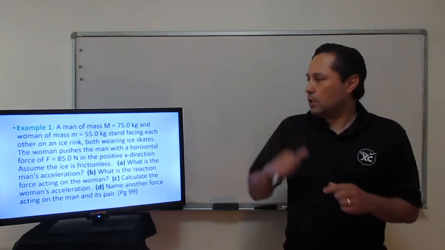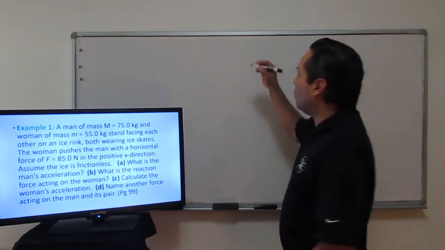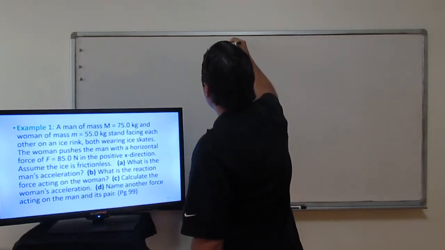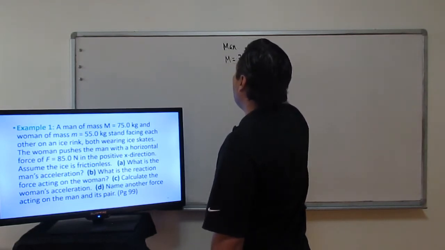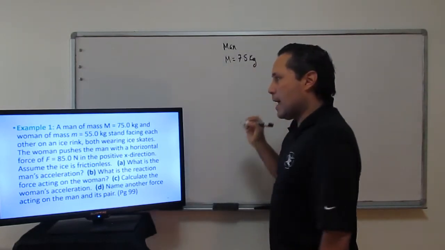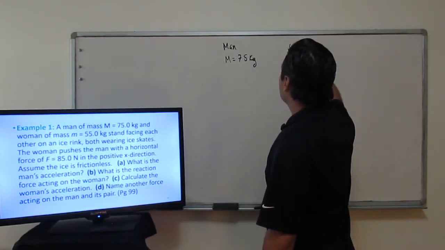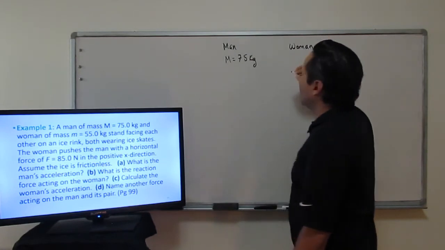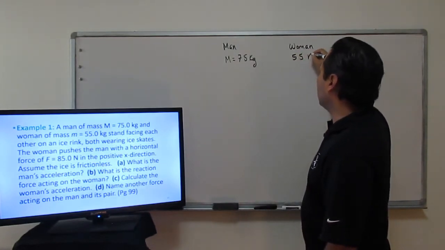Alright, so let's go ahead and get to work on all of that. First, we need to write down all the information that we know. For the man, his mass is 75 kilograms. And for the woman, her mass is 55 kilograms.